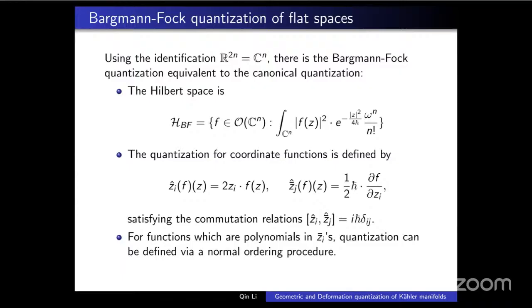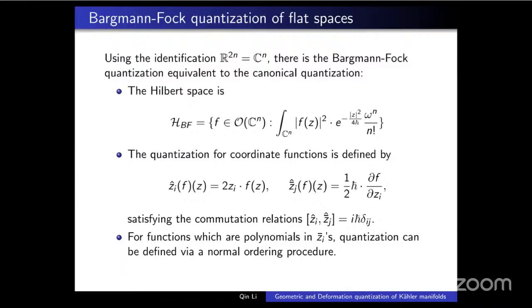And then the quantization for coordinate functions, you can see that it's similar to the formulas in canonical quantization. But now you replace the Pi's and Qi's by these holomorphic and anti-holomorphic functions respectively. For instance, here you have a holomorphic function Zi, and the corresponding operator Zi hat is simply Zi times f of z.